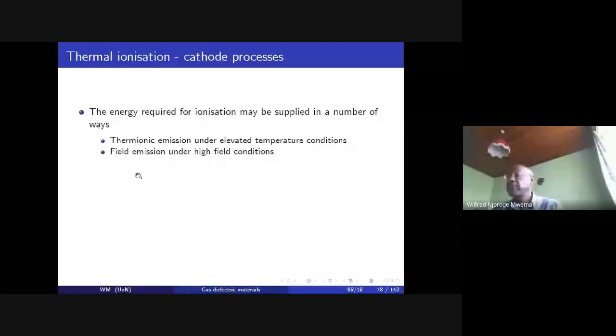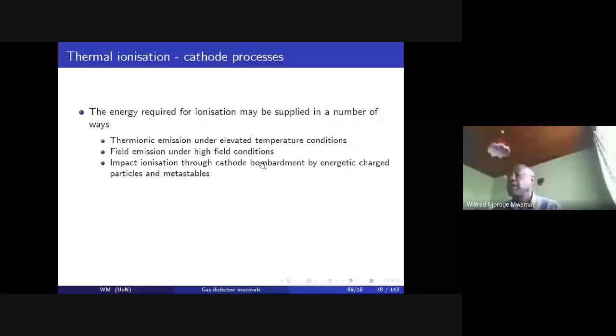Or we could bombard the cathode with energetic charged particles such as ions, and our gas molecules will be accelerated towards the cathode by the high field applied between the plates. And when they reach the cathode, they may have sufficient kinetic energy to impart the work function to the electrons and therefore free them from the solid.